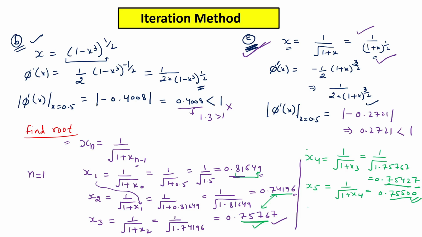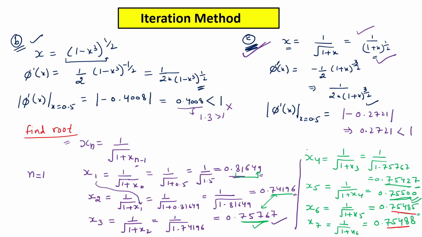So I will proceed with the sixth iteration also, and I will use the value of x5. So x6 shall be this value. Again here it is 0.7550 and it is 7548. So 4 digits are not matching. So I will proceed with the seventh iteration also. Now x7 is this value, and here if we see, this is 0.7488 and this is 0.7485.